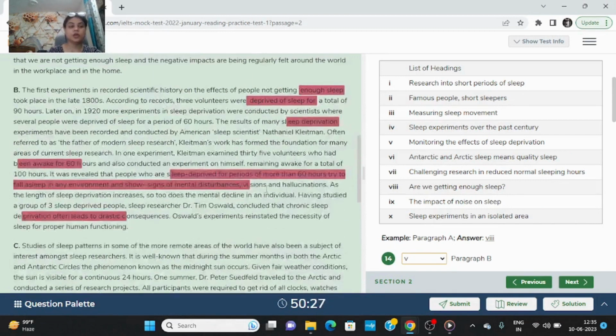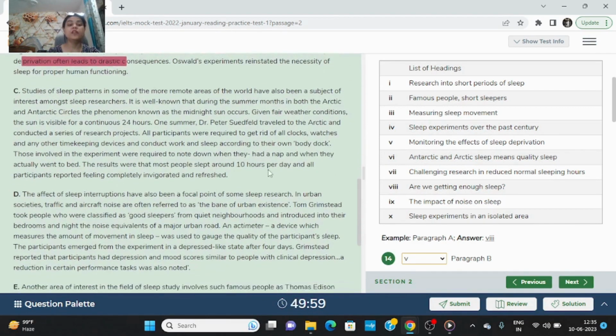Okay, so our B paragraph is done. Some of the students must be having confusion because here it was written 1800s and 1920, so they are talking a little bit about the past century. But guys, we need to read the whole paragraph and check what the whole paragraph is talking about. Then only we can select one heading.